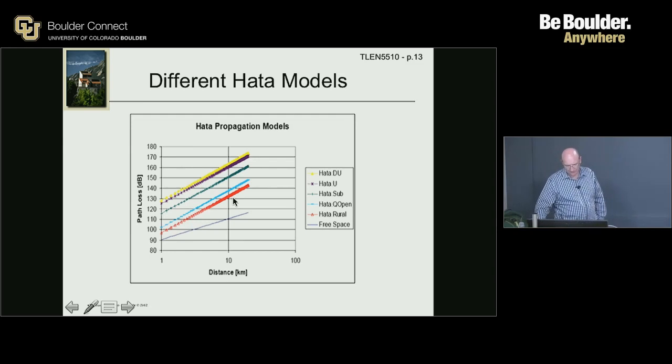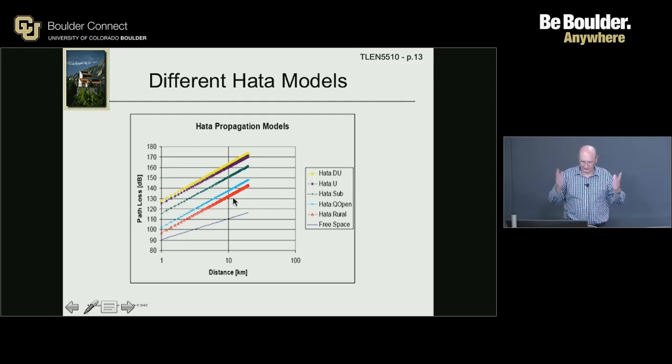The COST 231 defines things in dense urban, urban, suburban, quasi-open, rural, or open. And then the free space is the one we saw at the very beginning. Free space, remember, has the slope n equal 2. This is the path loss. Earlier it was decreasing because it was the received power divided by transmit power. The path loss is increasing.